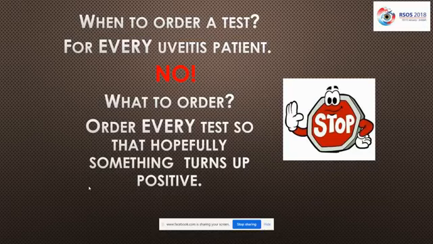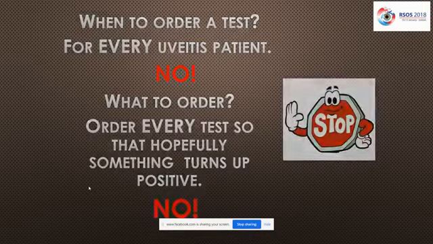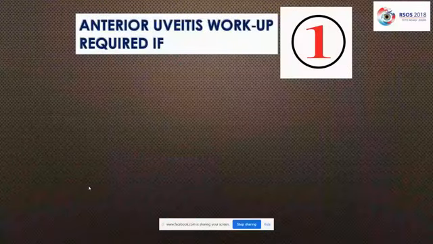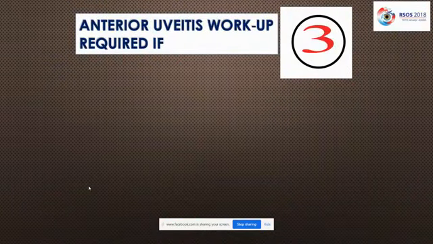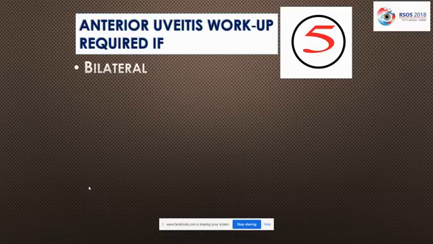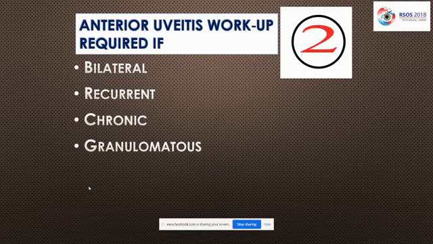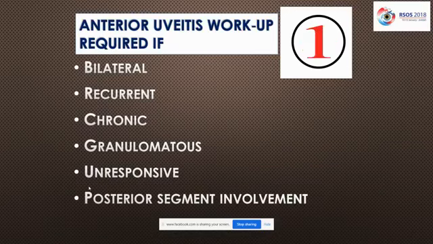Of course, no. So, when do you need to request laboratory workup for your patients with anterior uveitis? Anterior uveitis workup is required only if the inflammation is bilateral, recurrent, chronic, if the inflammation is granulomatous, if the inflammation is unresponsive to steroids, or if the inflammation involves the posterior segment as well.